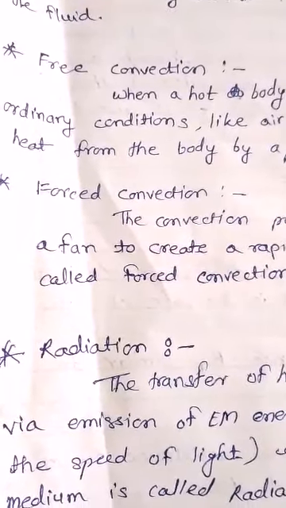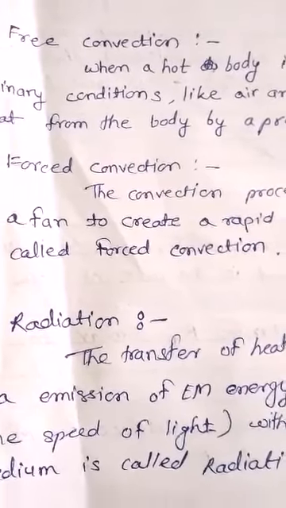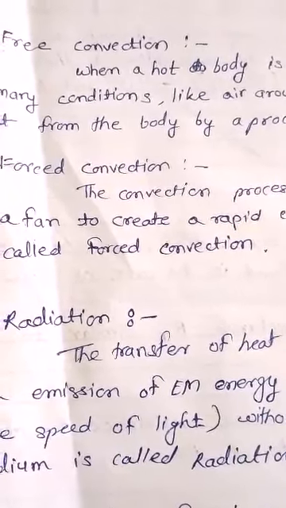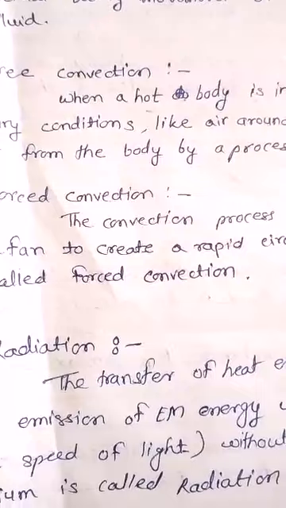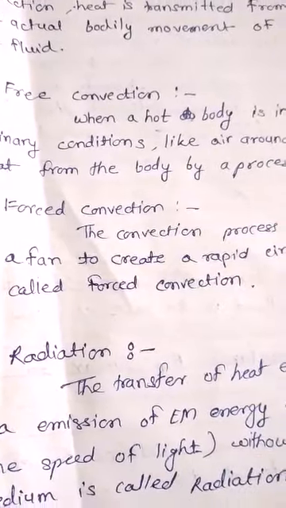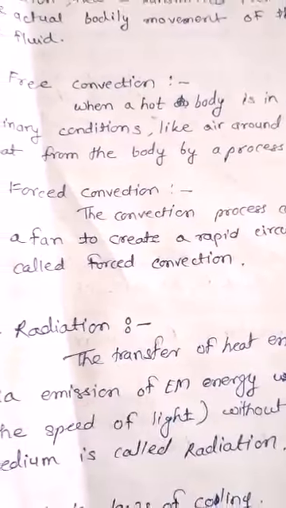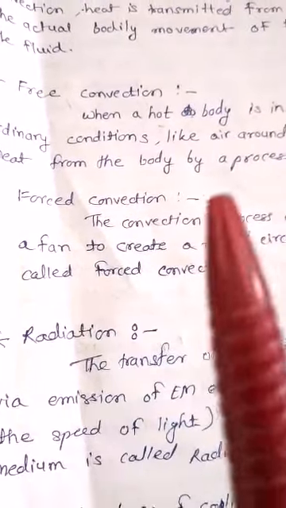This process is called free or natural convection. And for forced convection, examples are heat convectors, air conditioners, and radiators in an IC engine.